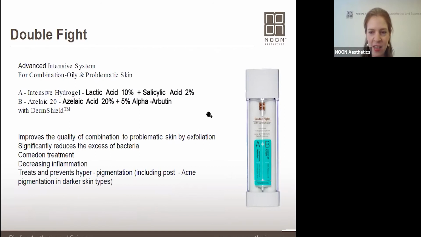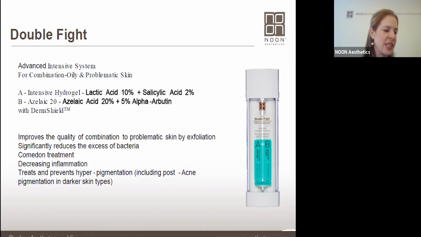First, the A, it's the hydrogel, 10% lactic acid plus 2% salicylic. We saw it before in the Comedonica. The second, the B, is 20% azelaic acid and 5% alpha-arbutin. This helps us first to treat the inflammation, and together they brighten the skin and help us fight post-acne in the future.